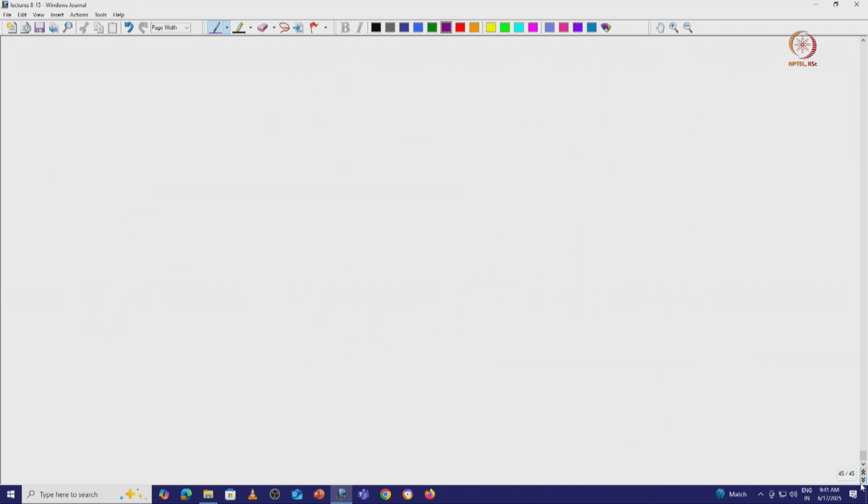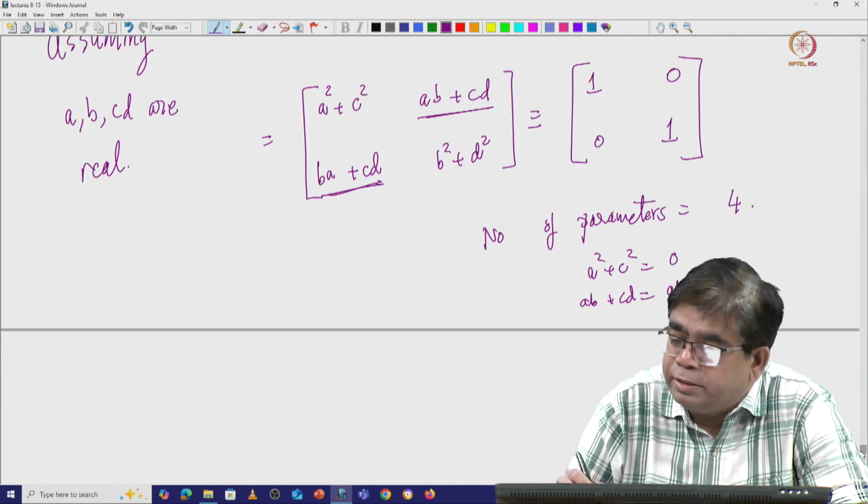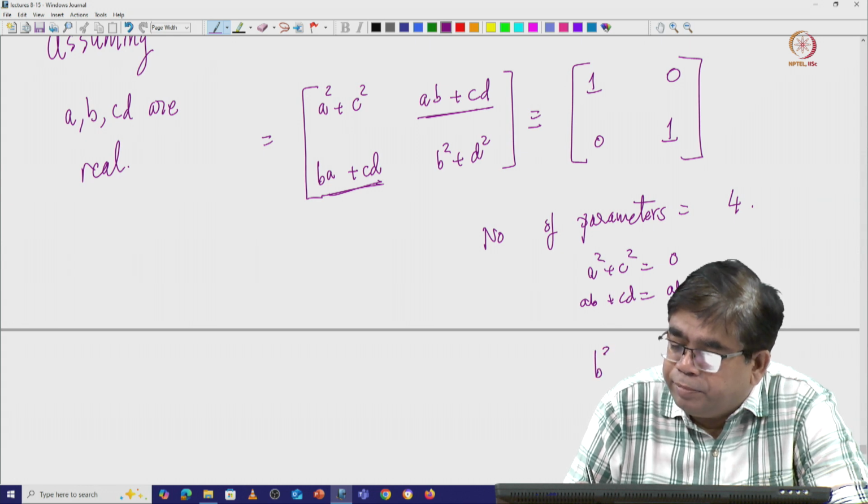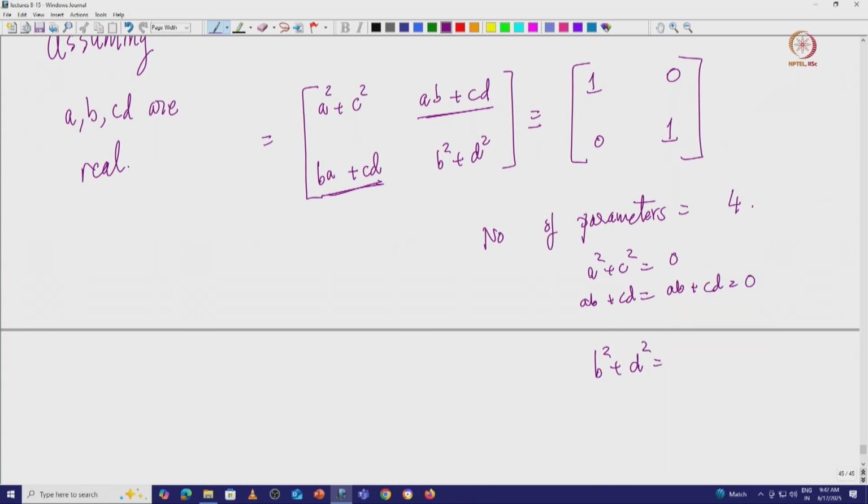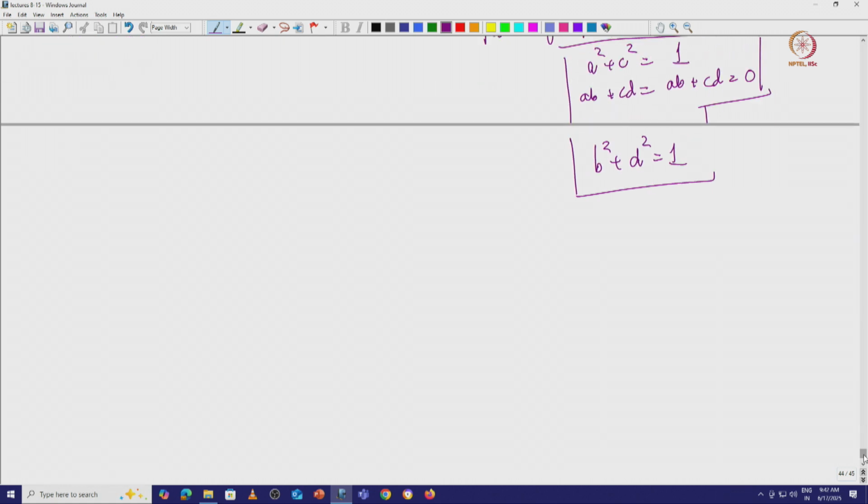So, there is only one independent condition there, and finally you have the third condition B square plus D square is equal to 1. Sorry, the first should be 1 as well. So, these are the conditions. The number of conditions is equal to 3, and the number of parameters is equal to 4. So, if you solve them, the number of free parameters is equal to 4 minus 3, that is equal to 1.